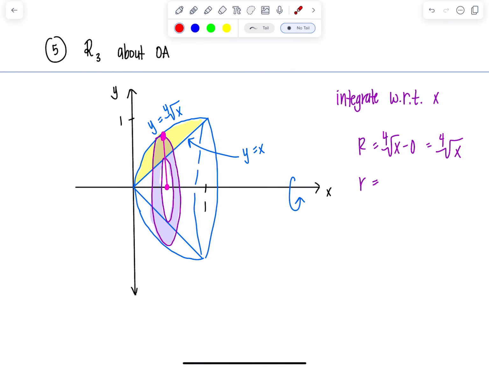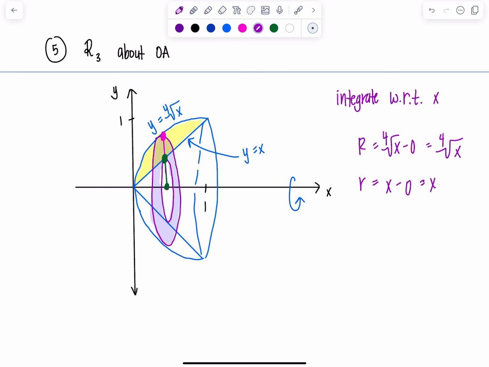Okay, inner radius, let's get a different color going. Here it is, inner radius from axis of revolution to the inside of the solid. There to there. Top minus bottom, top minus bottom. This is x minus 0, so just x. Okay, you don't have to put the minus 0, but I want you thinking top minus bottom or right minus left, so it gets you in a good habit.